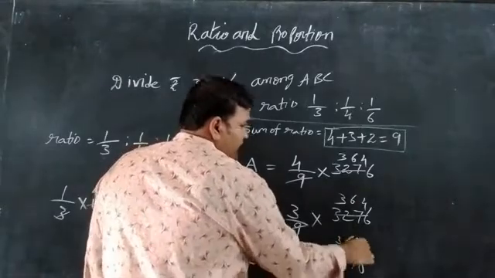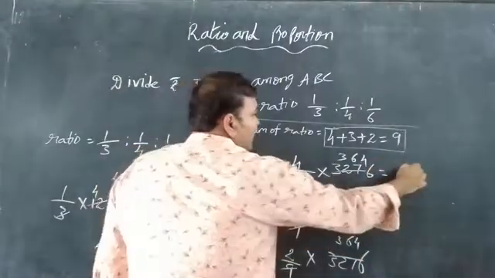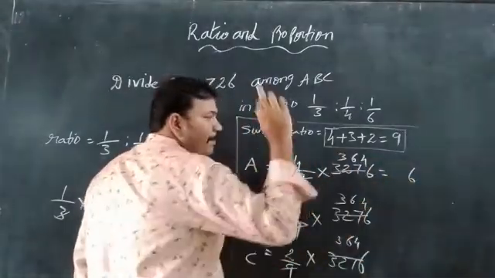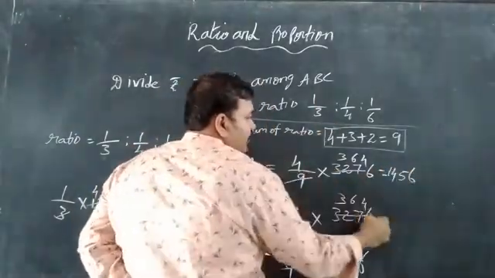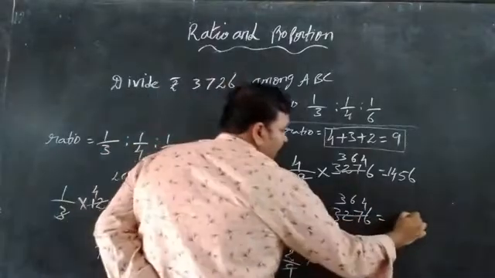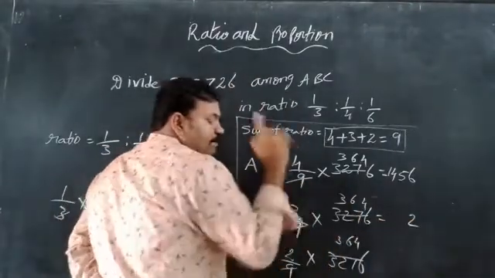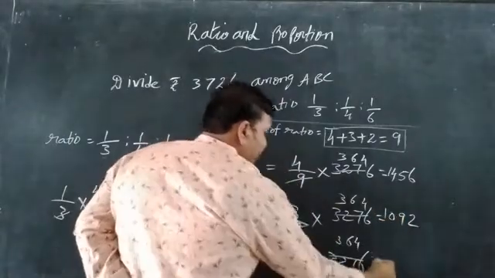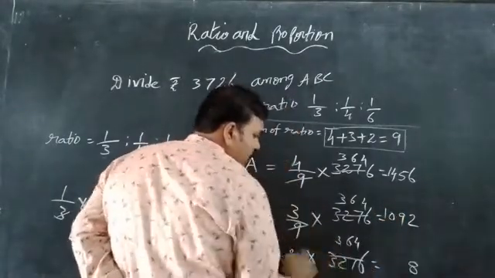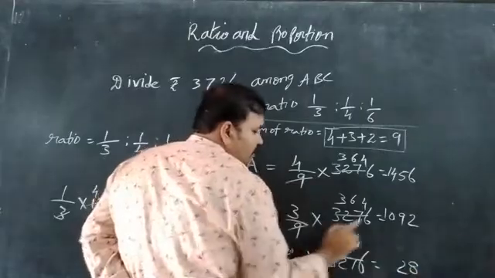So 3, 6, 4. Multiply: 4 4s are 16, 6 4s are 24 plus 1, 25. 3 4s are 12, 13, 14. Next, 3 3s are 9 plus 1, 10. 4 2s are 8. 6 2s are 12. 3 2s are 6 plus 1, 7.